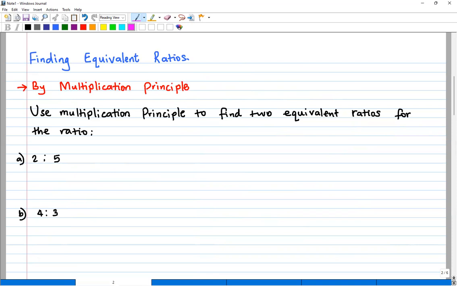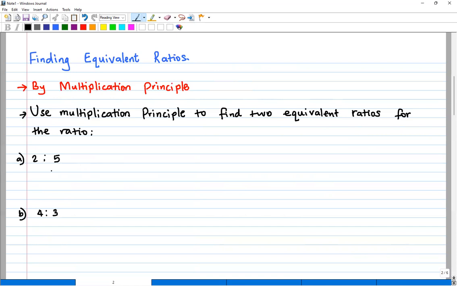We see how to use the multiplication principle. Use the multiplication principle to find two equivalent ratios for the ratio A, 2 to 5, B, 4 to 3. Now remember, to use the multiplication principle, we just need to multiply by the same number. Okay, let's begin with A.